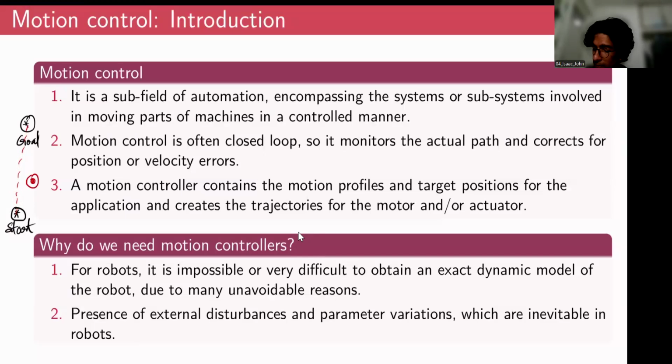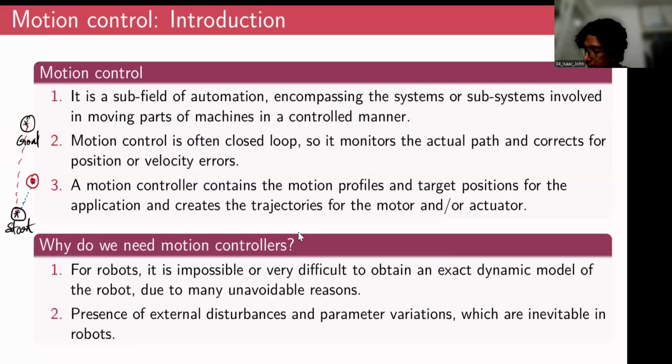If the robot starts from the start position and, due to some unmodeled disturbances, diverges into some other position, the motion controller will try to bring it back to the desired position, and finally it'll have to dock into that goal position, right? So that's the main purpose of a motion control.